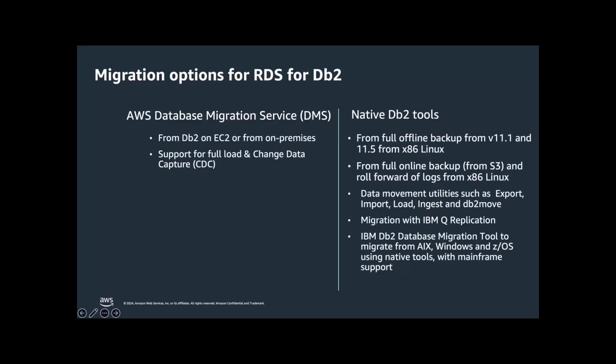Power and Windows is a little bit longer journey, but we recommend you use DMS if your database size is small. If your database size is very big, then relying on the native utilities of DB2 is going to be very, very helpful.